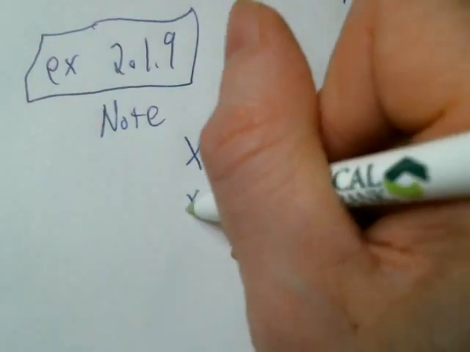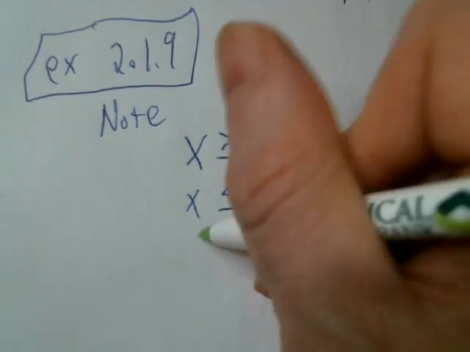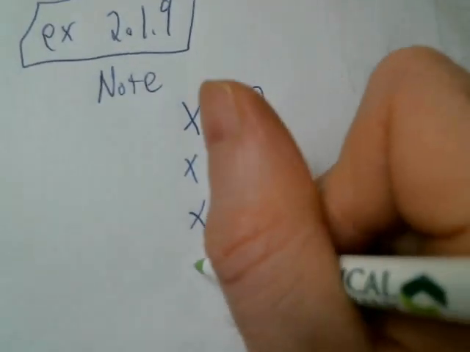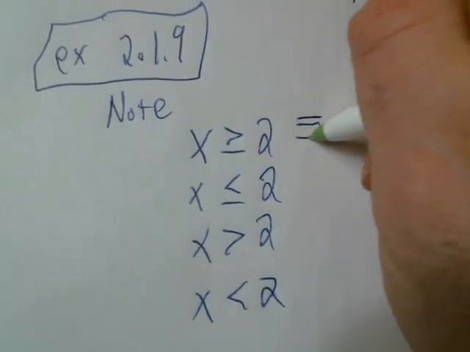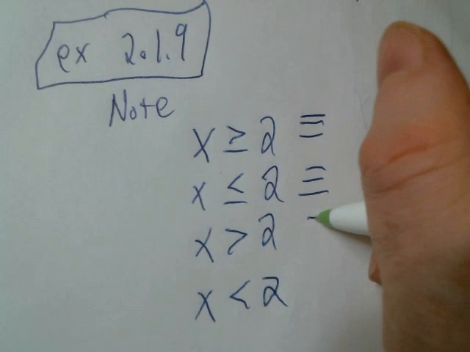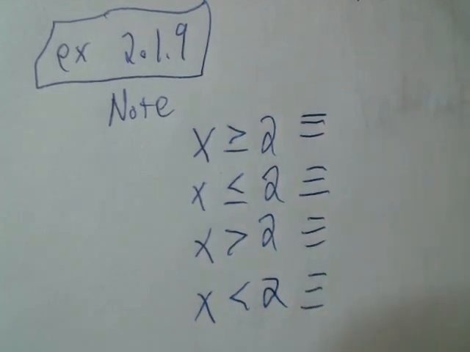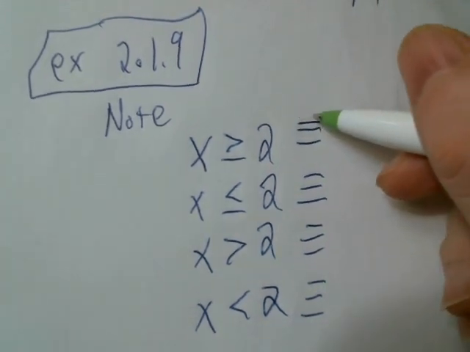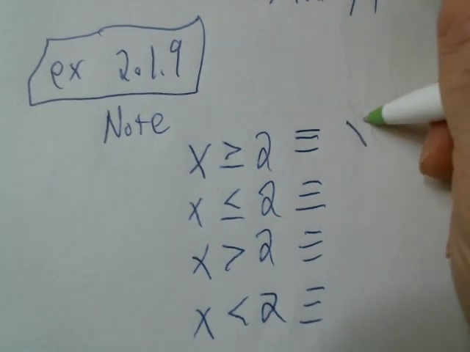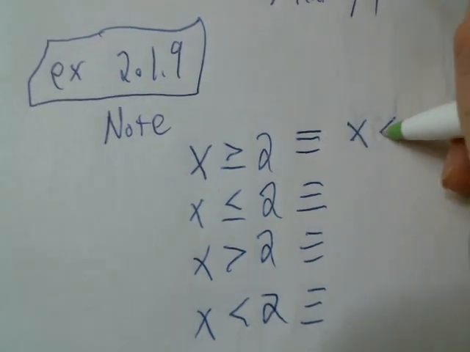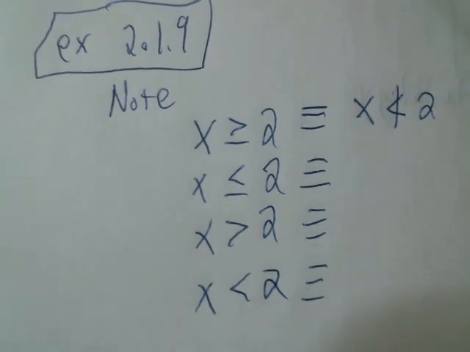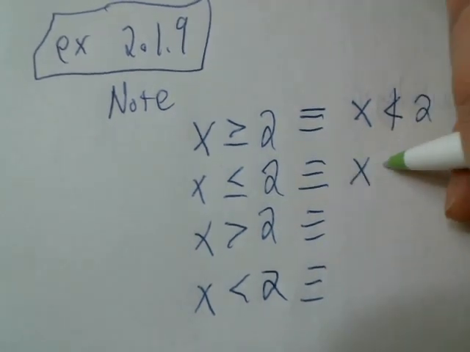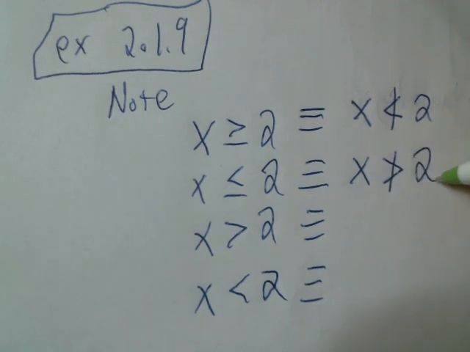There are 4 basic types of inequalities, and we can rewrite these as negations. X greater than or equal to 2 is the same as saying x is not less than 2. X less than or equal to 2 is the same as x is not greater than 2.